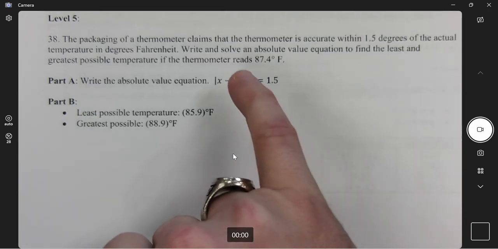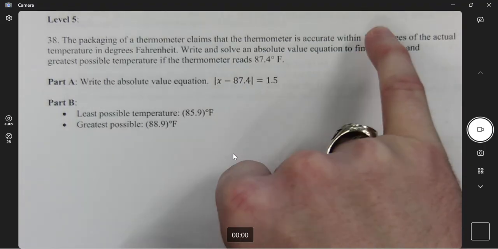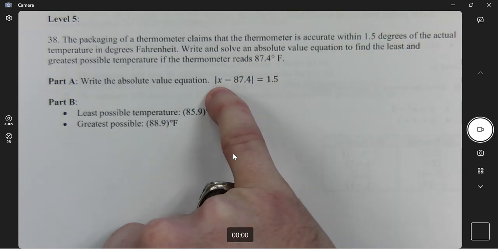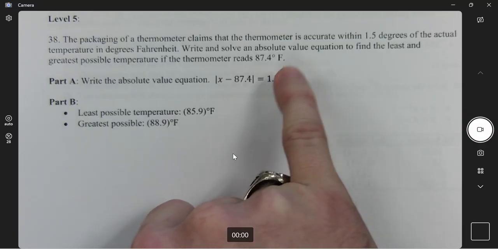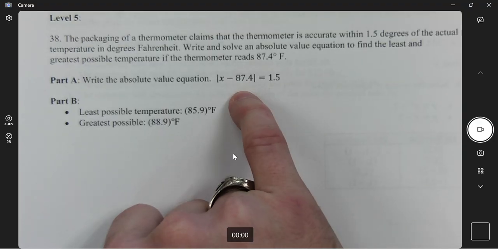So the reason why you have an absolute value here is because we don't care if we're up 1.5 or down 1.5. We just know the distance between the actual and the reading is 1.5. So that's why it has an absolute value bar like that.